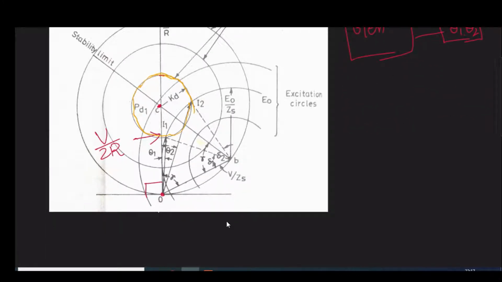If you join O with that point, you will get the value of current, I1, I2, different values. Here all the currents are lagging, by theta 1 and theta 2, and why we are taking it from this V by 2R is also clear.